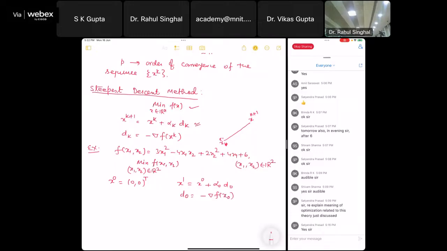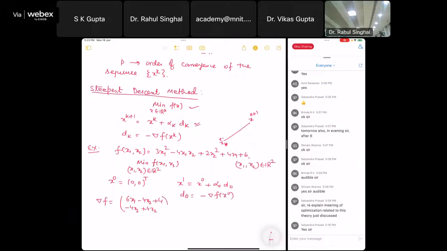Okay, so this is x0. What is the gradient of f? You can find. First of all, gradient of f is simply 6x1 minus 4x2 plus 4, and then minus 4x1 plus 4x2.